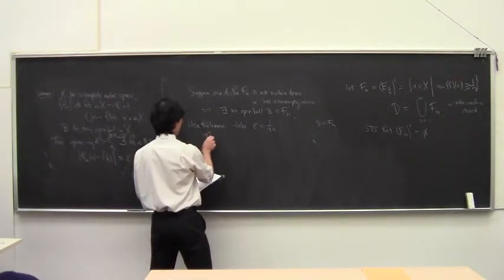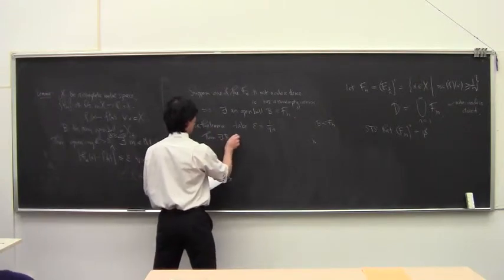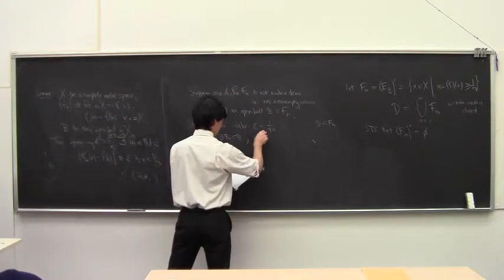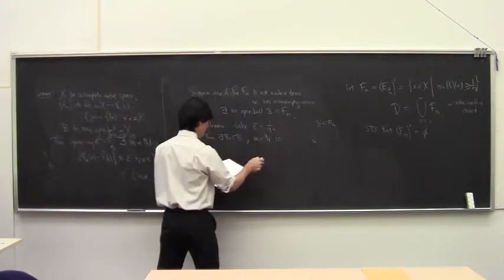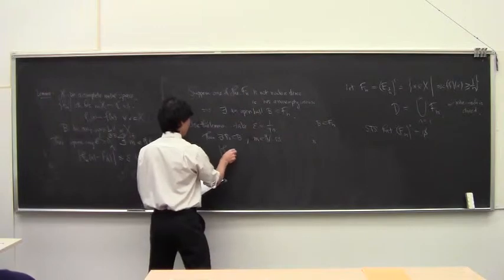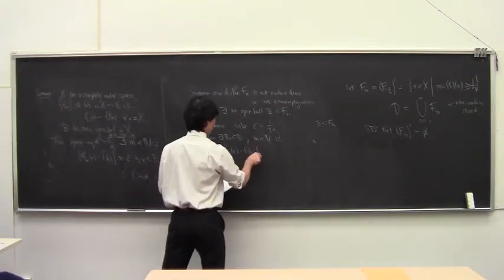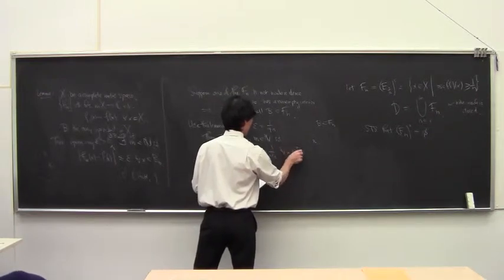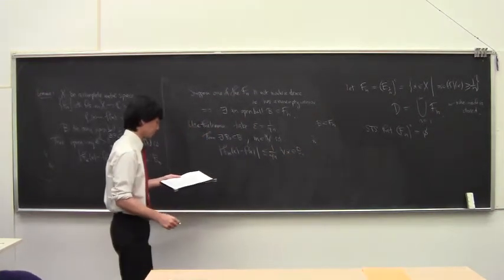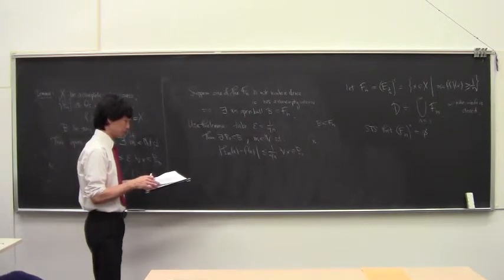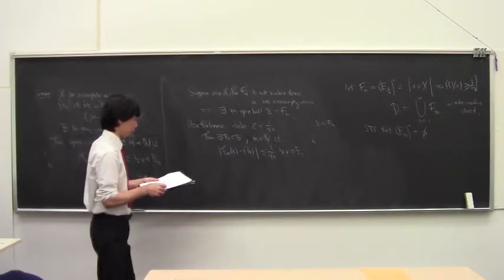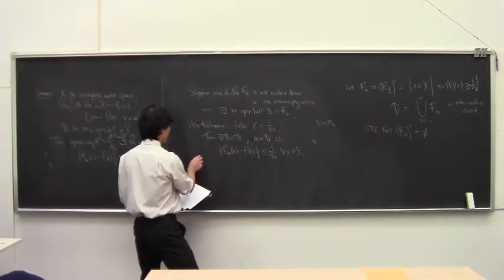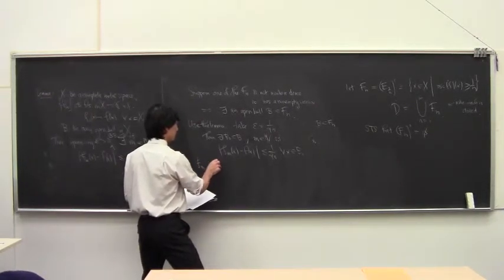So then there's this V naught in B and some m, a natural number, such that |f_m(x) - f(x)| is smaller than 1 over 4n for all x in V naught. Now f_m itself is continuous. Right?